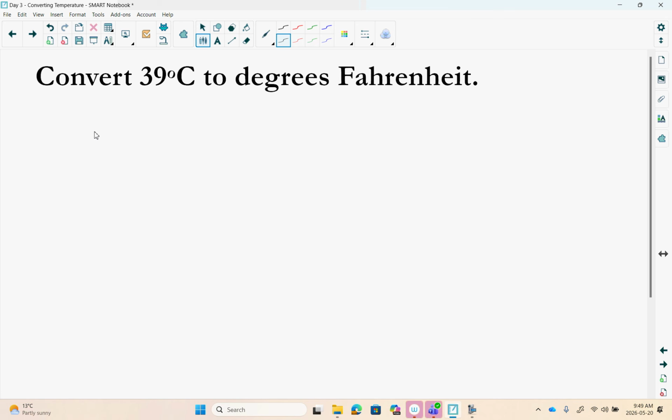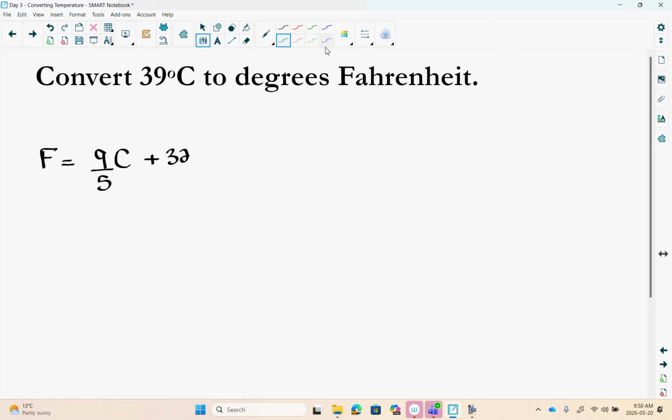Okay, if we flip over, here's our first example. Now look at, they're giving me the temperature in Celsius. They want me to calculate the temperature in Fahrenheit. What was the formula in Fahrenheit? 9/5 times C, and then what did I add? 32.